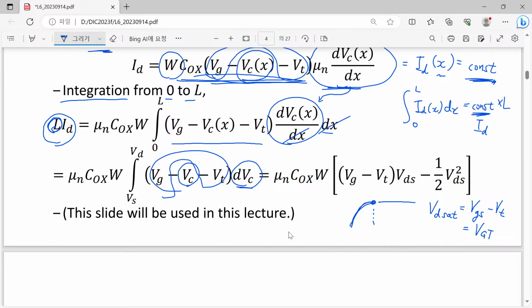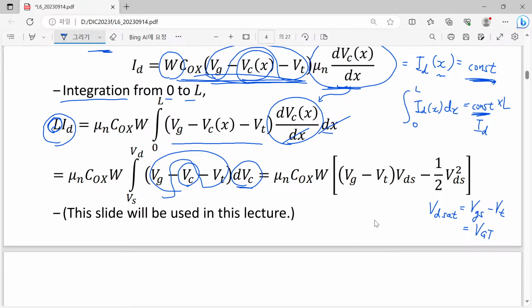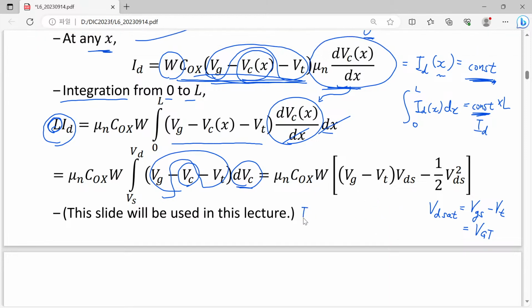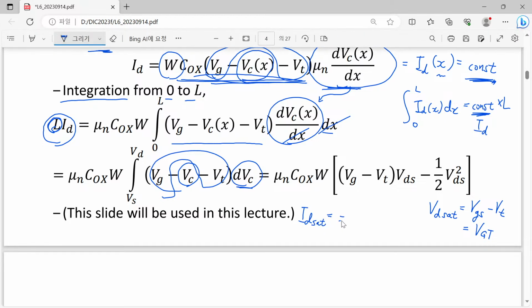Also, when we have saturation mode, what was the ID? ID in saturation was simply given by half mu n Cox W over L times (Vg minus Vt) squared.